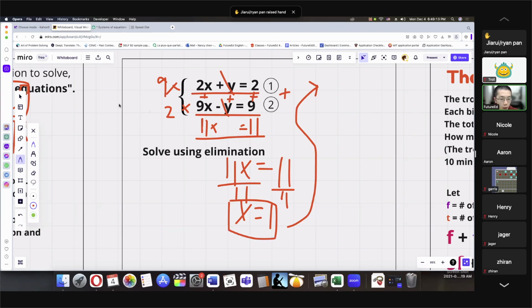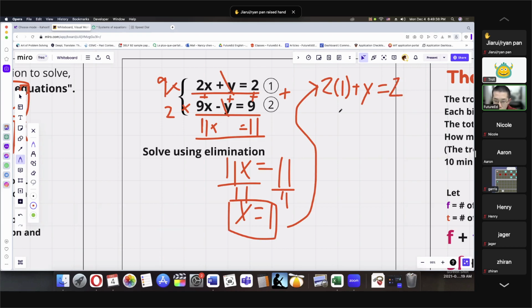So Aaron, how do we find y? You subtracted 2 by 2. Okay, so we can substitute the 1 into the first equation. So we have 2 times 1 plus y is equal to 2, right?